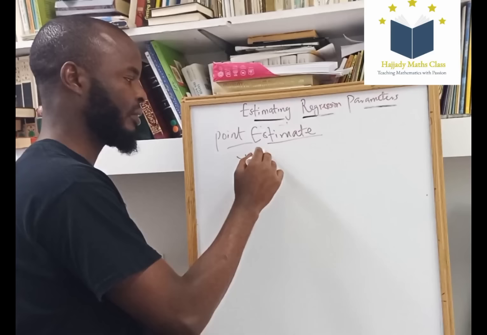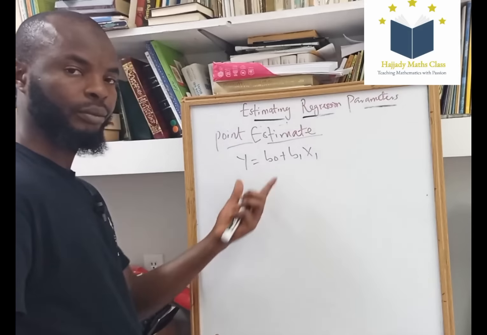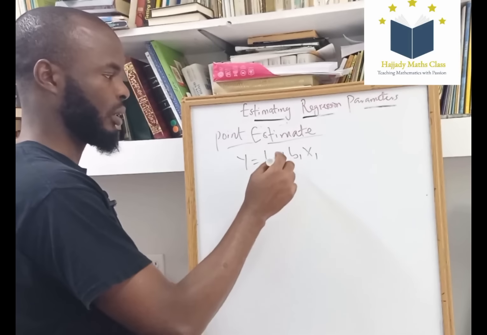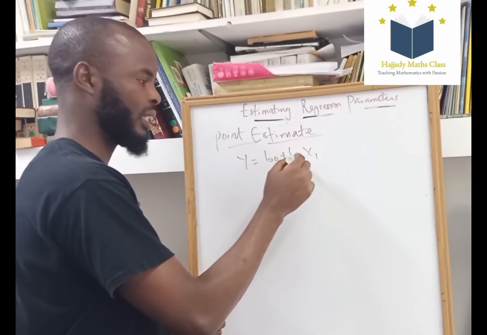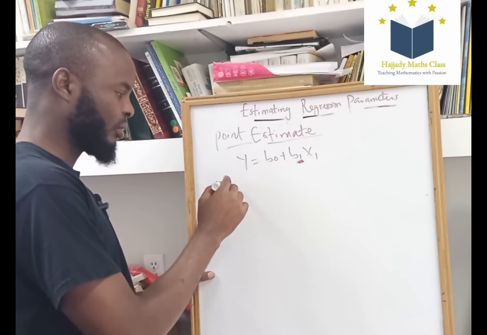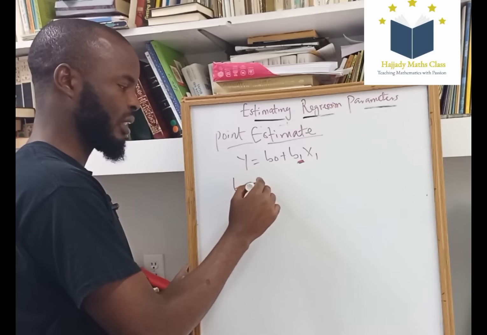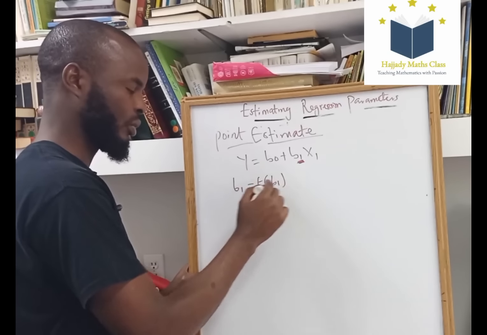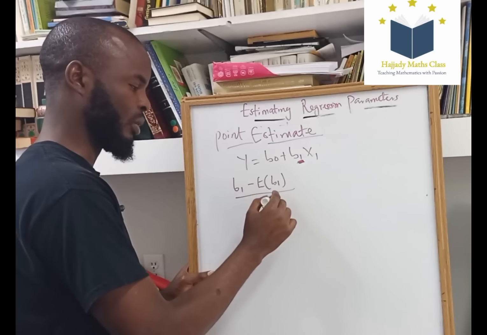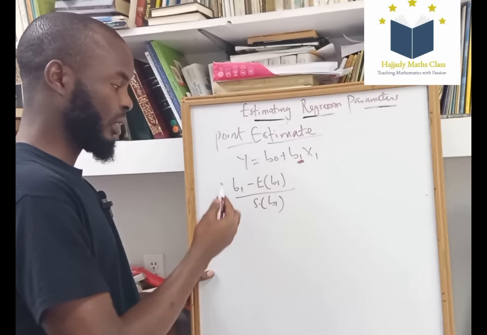For instance, we have b naught plus b1 x1. This is the general form of a linear regression. So for instance, you are interested in estimating b1. The general form is very easy, which is your b1 minus the expectation of your b1 over what? The standard error of your b1. That's just the general form.